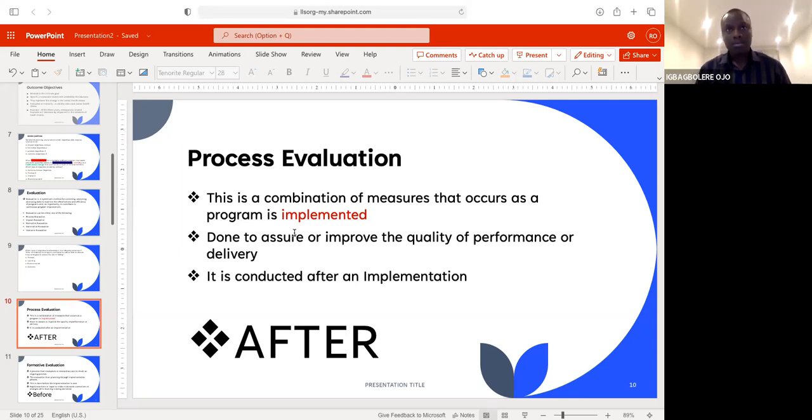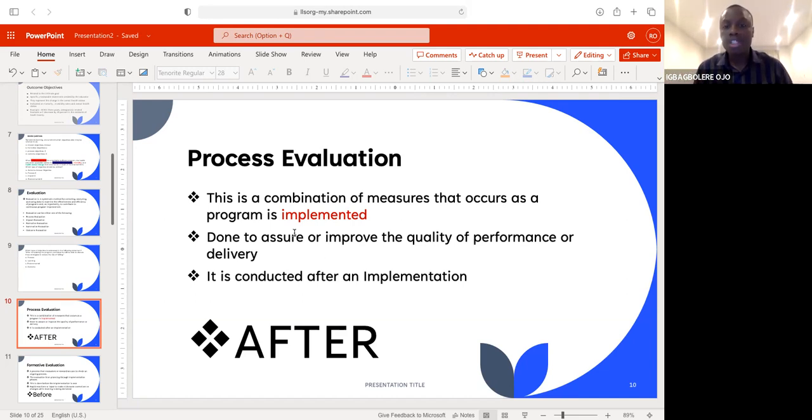Now, I will try to go as slowly as I can, because more often than not, students are unable to make a distinction between process and formative evaluation, and that has been a major question for the CHES board organizers. Listen carefully.